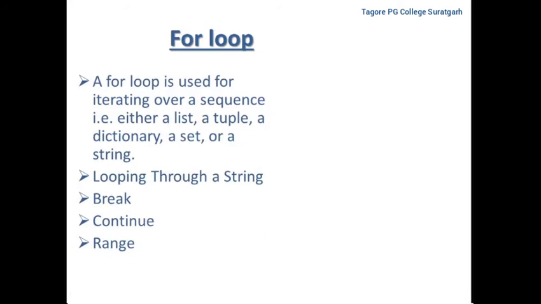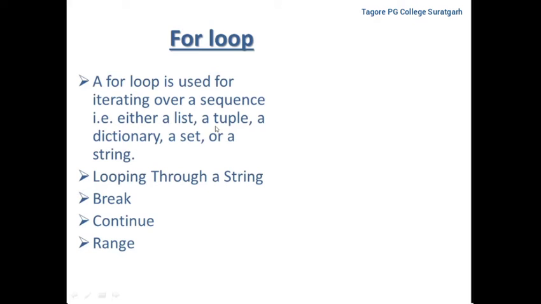In the case of the for loop, it is used for iterating over a sequence. We can use it with lists, tuples, dictionaries, sets, or strings. You will ask what these are, like list, tuple, dictionary, set, since you have not learned about them earlier. These are types of arrays.